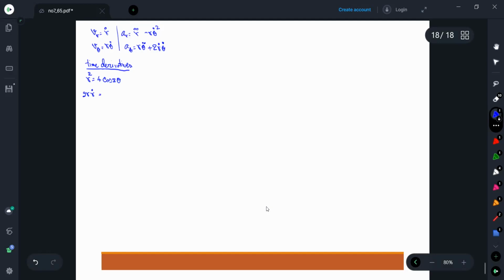On the right hand side, according to the chain rule, we take the first derivative of r squared with respect to time. It becomes 2r and dr by dt. dr by dt means r dot; dot is equal to d by dt. For this case we have 4, and taking the first derivative of cosine 2 theta, it becomes minus sine 2 theta.